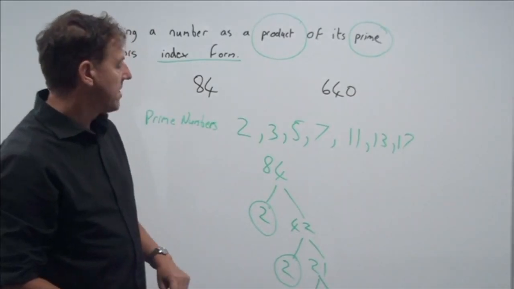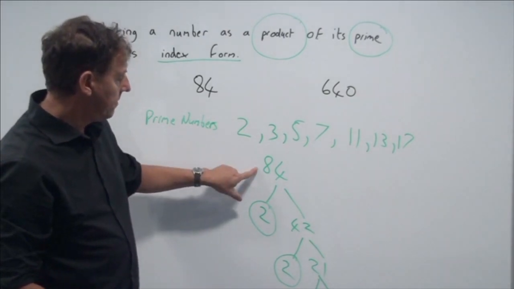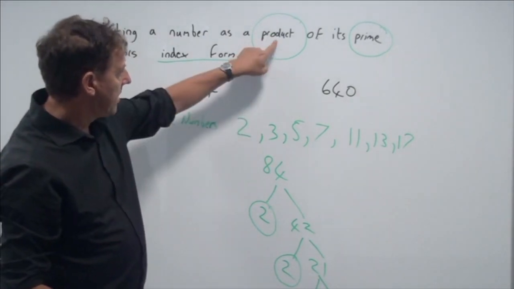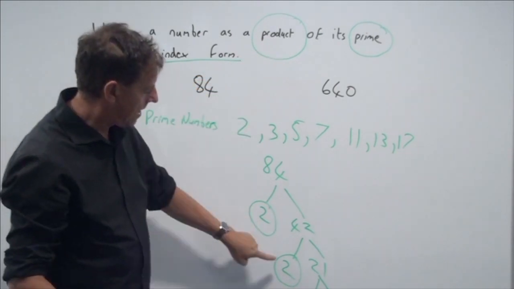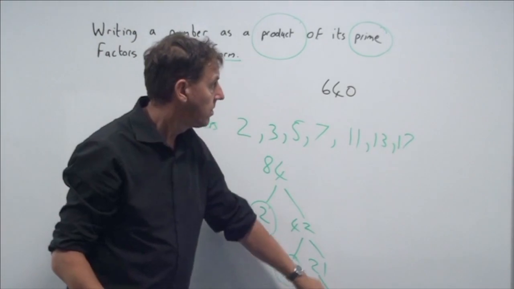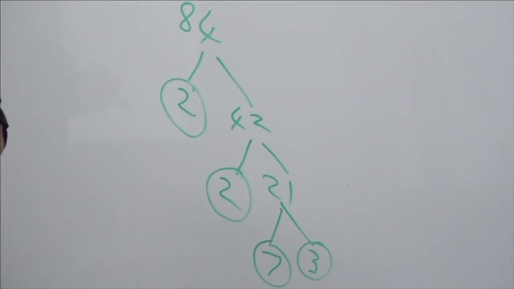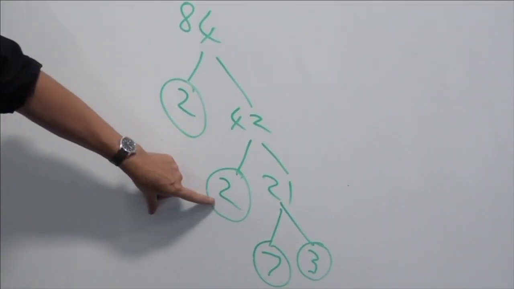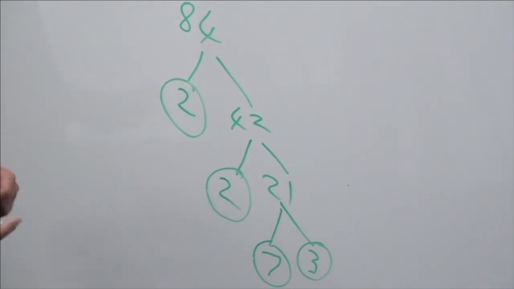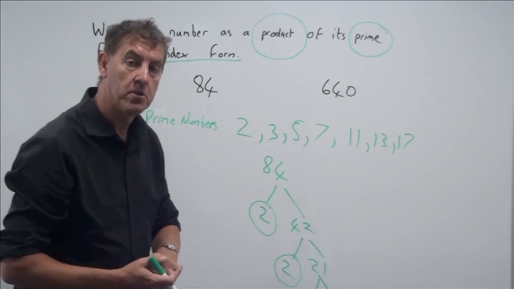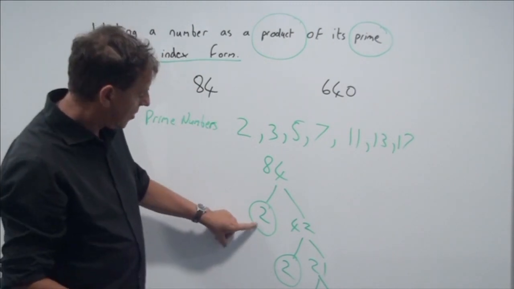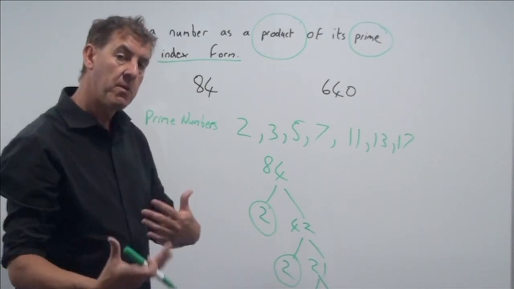Now I'm going to take this number 84 and write it as a product. Product means to multiply. I'm left with all prime numbers, so they are prime factors, because 2, 2, 7 and 3 are factors of 84. All I've got to do is put it in index form. Because I've got a 2 and a 2, there's a tidier way of writing that.